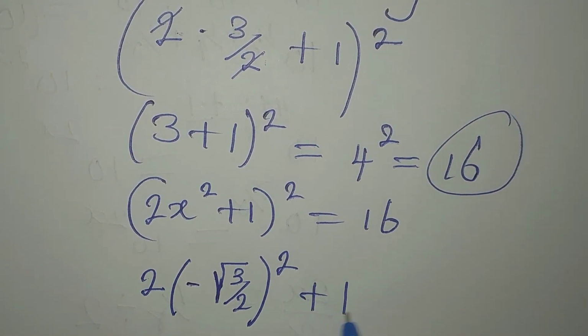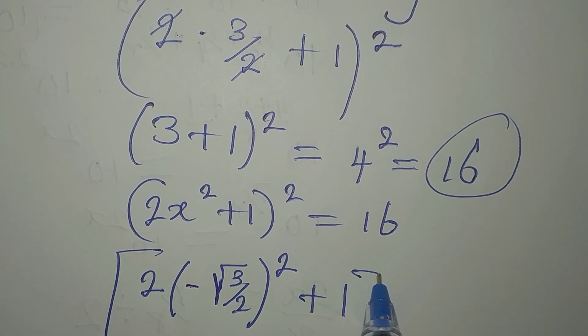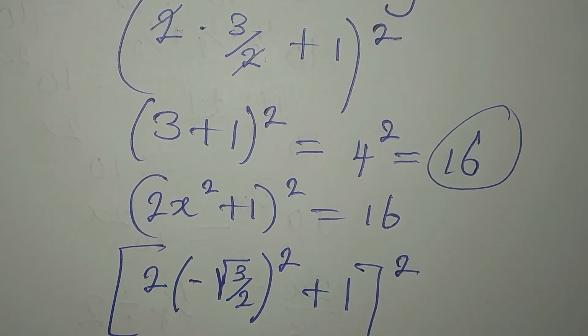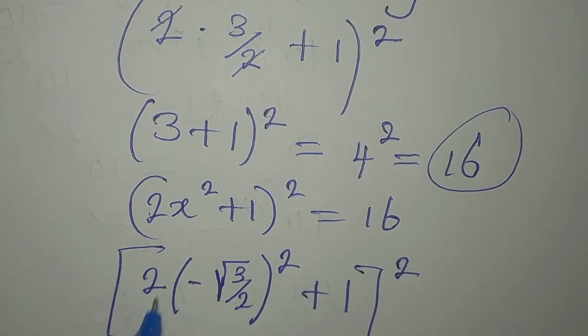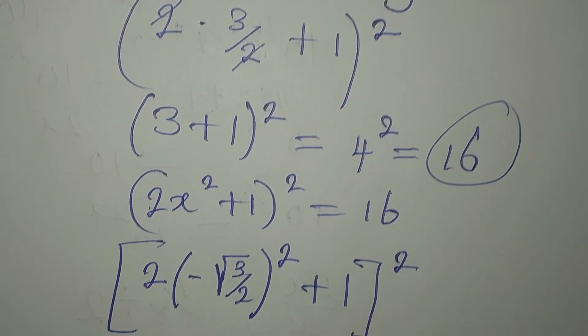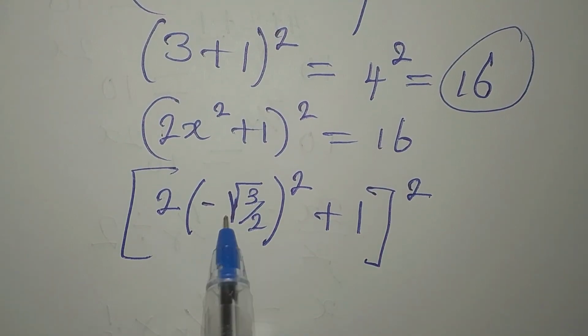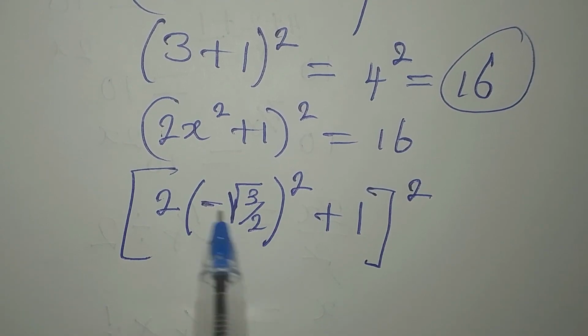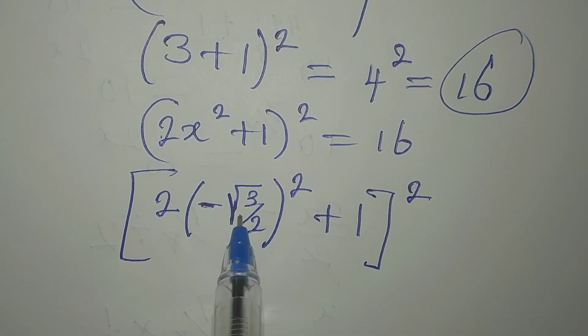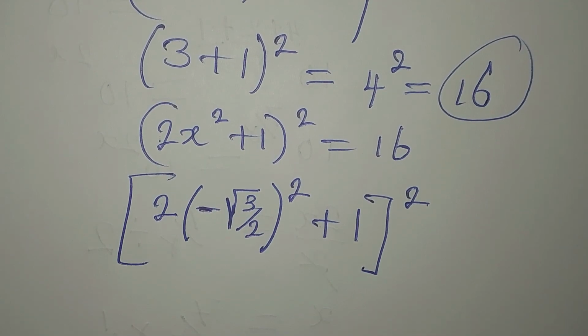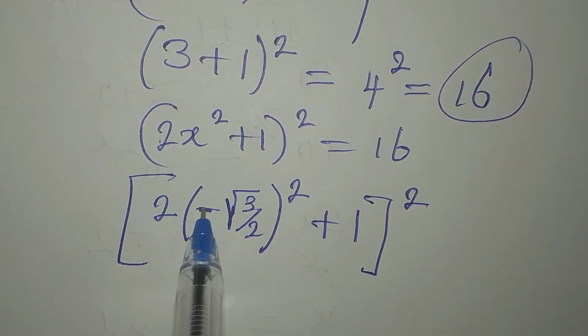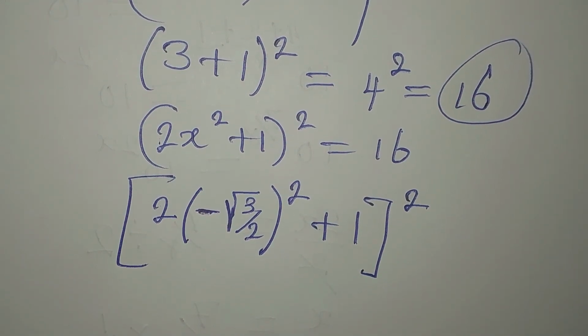Then we have plus 1, and this again will be all squared. This 2 is here, x² is now this squared, plus 1, then the square outside is there. Now remember that this is going to be negative square root of 3/2 times negative square root of 3/2. That will affect this negative, and it turns to positive.